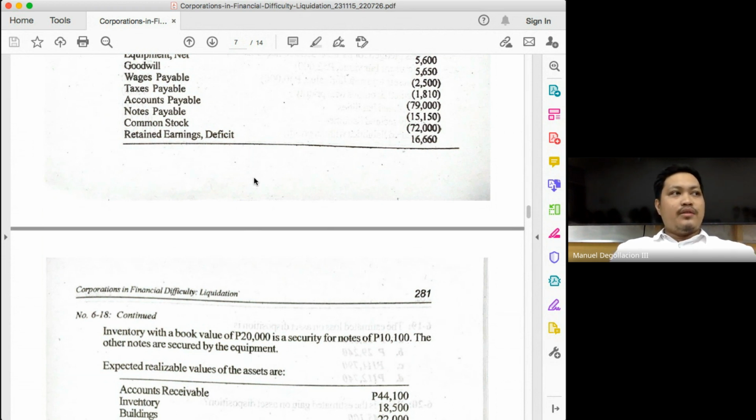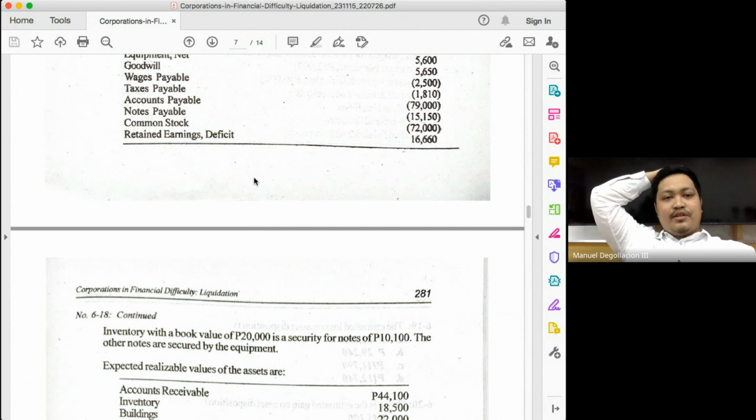Okay, let's start with the net free assets. What are the two things I want you to remember for your net free assets? You begin with your free assets, and then the first thing I want you to remember is do not forget to include the excess on fully secured liabilities. And the second thing I want you to remember is to deduct the unsecured with priority to arrive at your net free assets. Okay, let's start with our free assets, class.